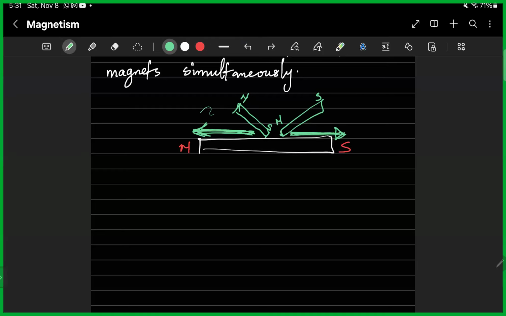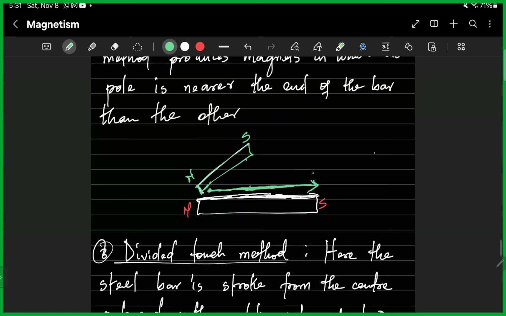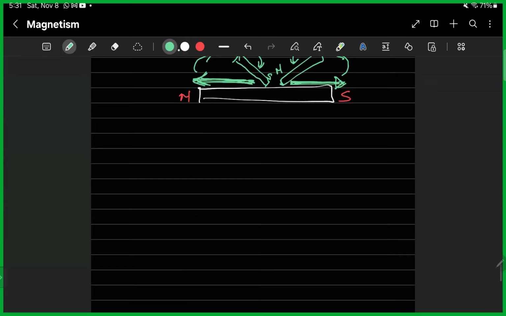So move like this, come back, move. I keep repeating the process. Same with this one, I move like this, I come back, and then I keep repeating the process. So that's the double touch, that's just the difference in how they look diagrammatically.